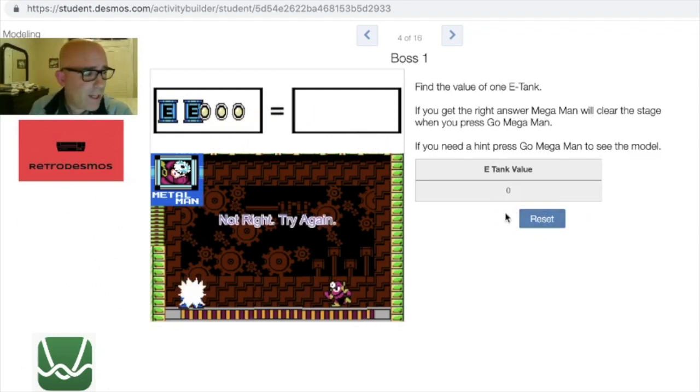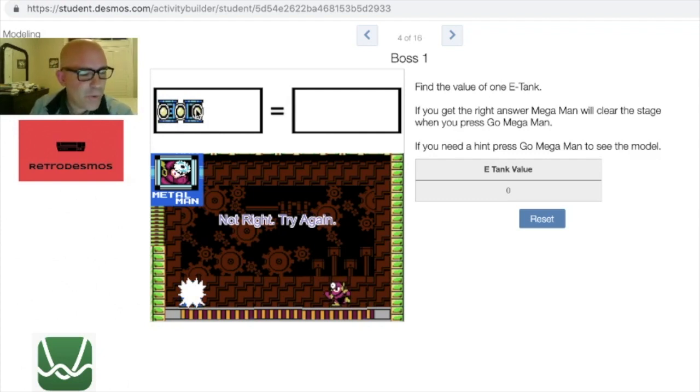And oh man, already throwing an interesting question. Probably this is something I would take a moment and pause and ask students a little bit about. What's actually going on over here? We're left with 2 energy tanks, and we're left with 3 of our little yellow counters here. And hopefully that would prompt some good discussion.